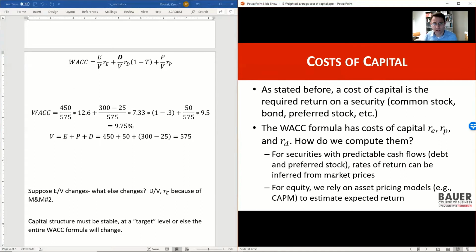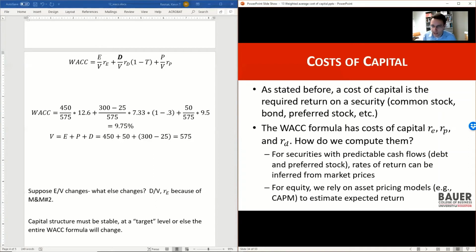Or with preferred stock, we'll talk in a second about what preferred stock is, but it has very predictable cash flows. You can back out the rate of return using market prices. If you know what the cash flow is, and you know what the price of the asset is, then you can infer the discount rate that puts those two things together. So we'll do that for debt and for preferred.